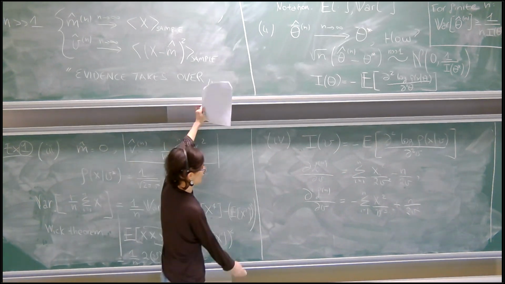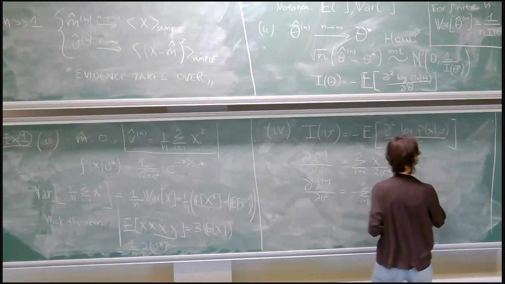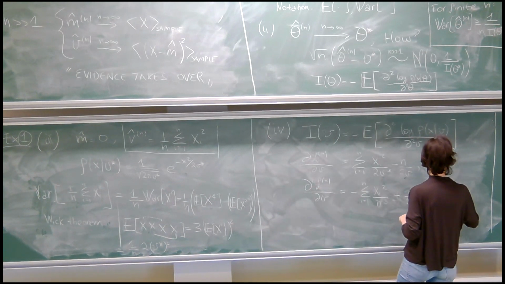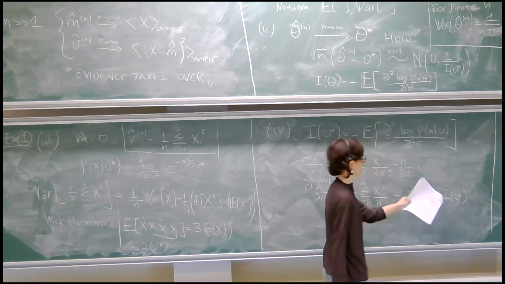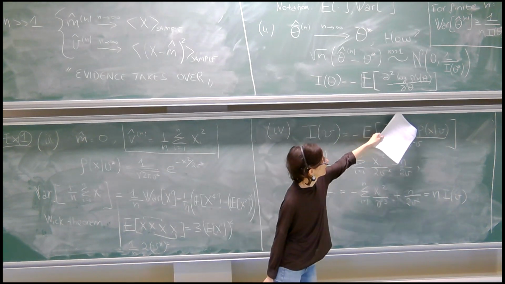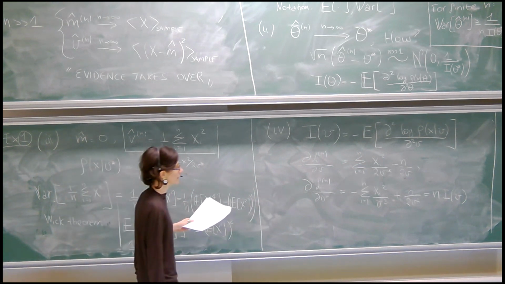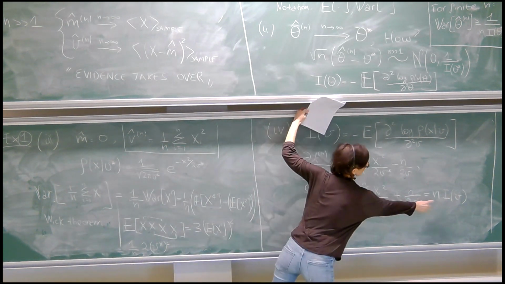Okay. And what is this? Well, this is essentially n times the Fisher information that I wanted to compute. Why n times? Because I'm summing over all possible values of my data, and this gives me this factor of n.